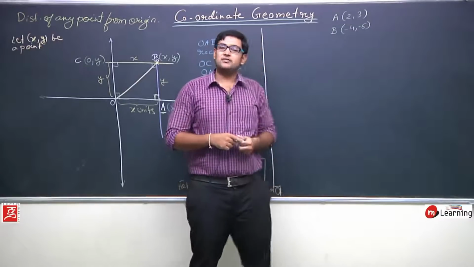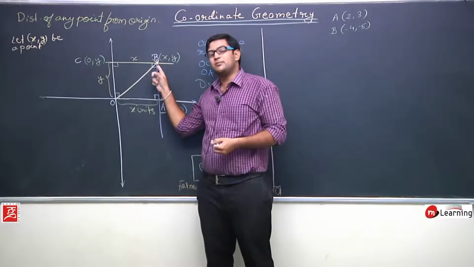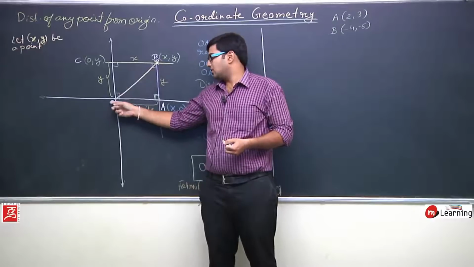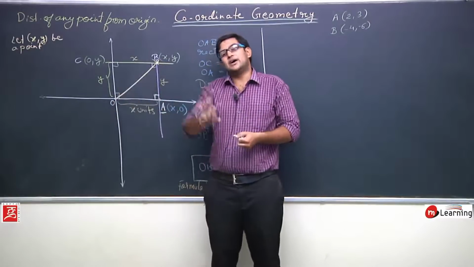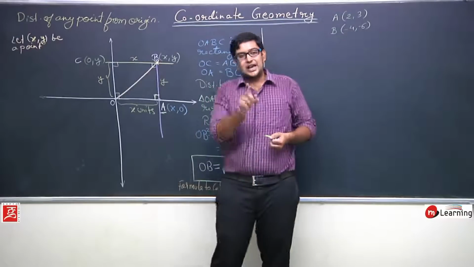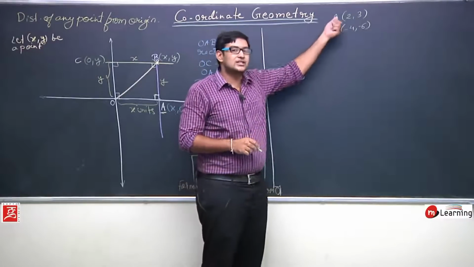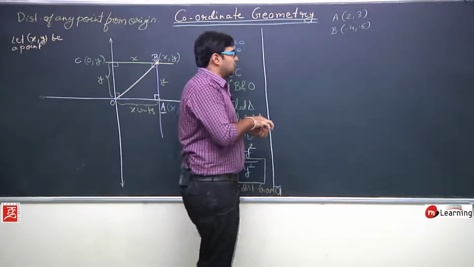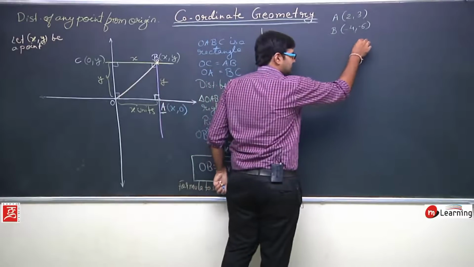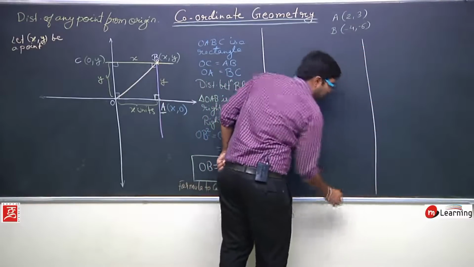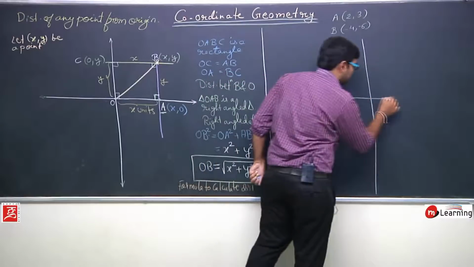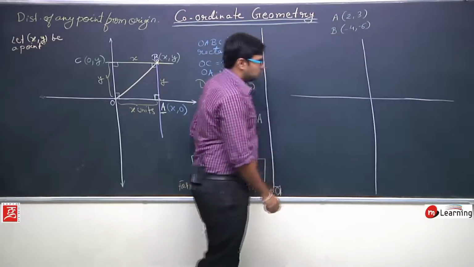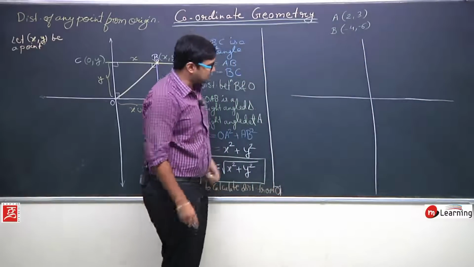Previously what we have done, we have calculated the distance of any point with respect to the origin, but now I have changed my task, and my task is now to calculate the distance between these 2 points A and B. So first, let us plot these 2 points on the graph paper. So this is our x-axis and y-axis.